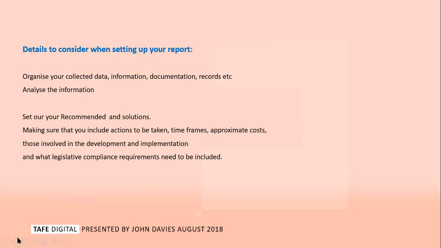Construct timelines of events leading up to and immediately after the incident. Conduct interviews with injured persons, witnesses, and supervisors. Seek technical expertise and advice if required. Consider environmental, work process, and behavioural components.